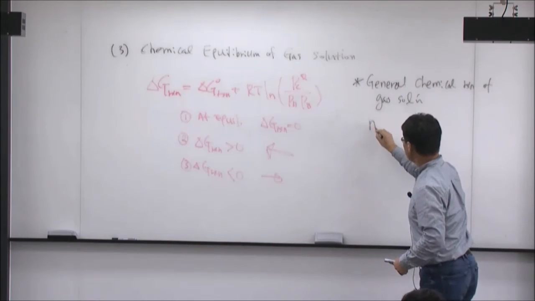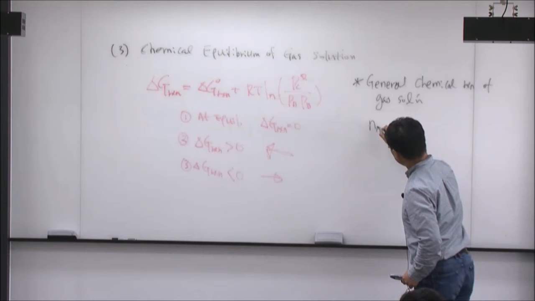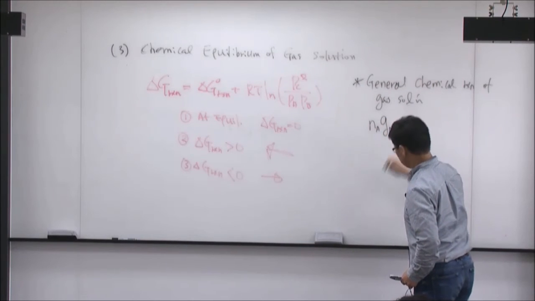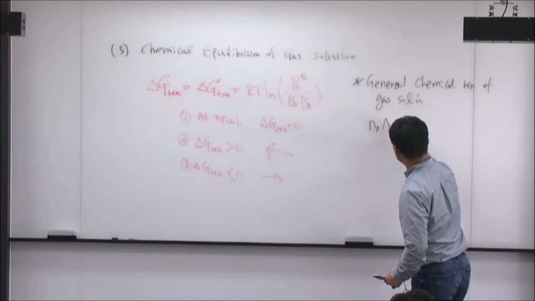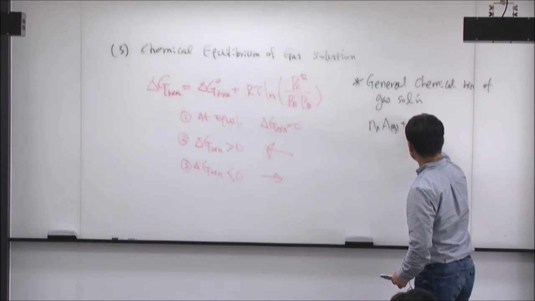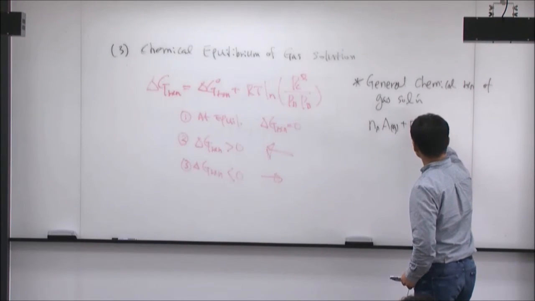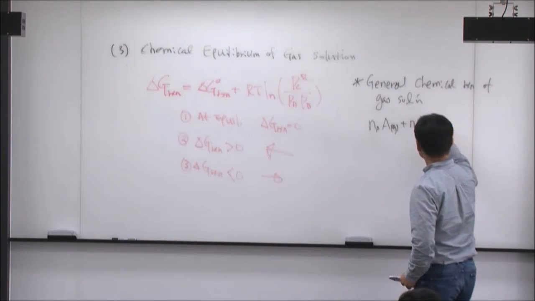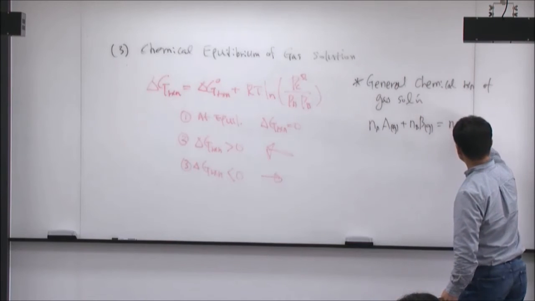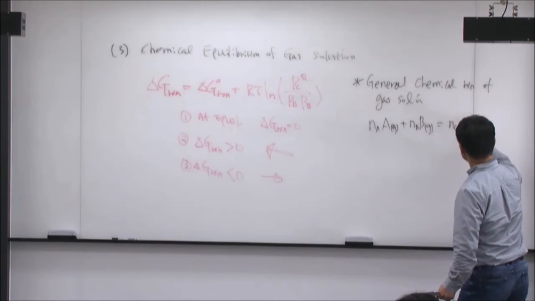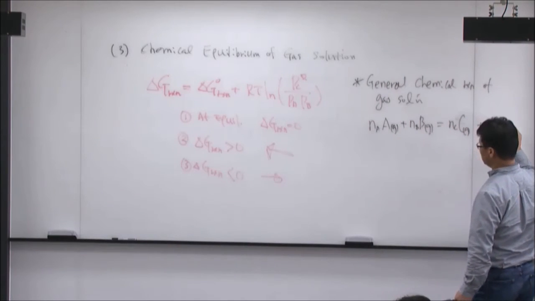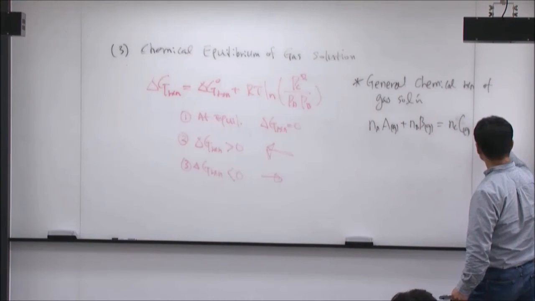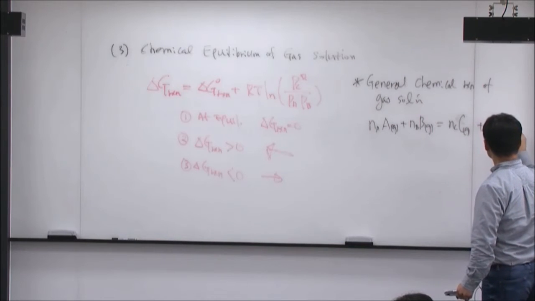let's assume I have NA moles of A gas phase, plus NB moles of B gas phase, reacting to NC moles of C gas phase, plus ND moles of D gas phase.